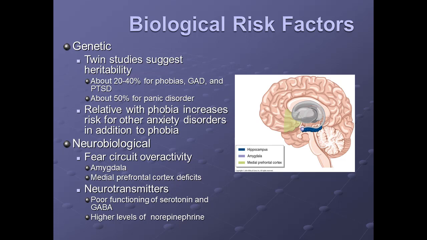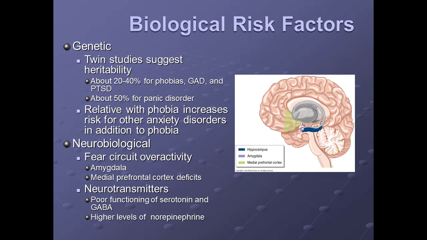So the amygdala is sending out some high-powered emotional information. It hits your prefrontal cortex, and the prefrontal cortex is there to make sense of that, to make logic of that, and to put it into context, and essentially to mitigate that full impact. If there's a deficit in the prefrontal cortex, if the prefrontal cortex is not doing its job, and you're combining that with an overactive amygdala, you're going to be set up to develop an anxiety disorder.